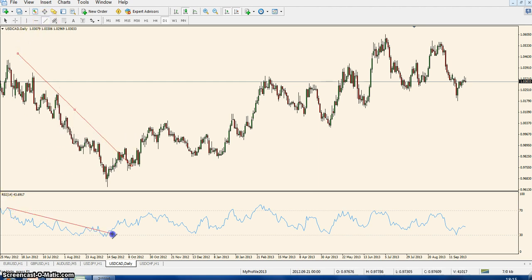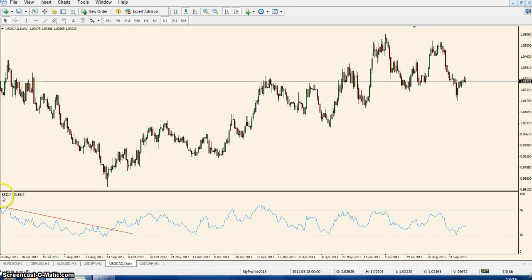There's a declining trend on the price as well as on the RSI. Typically I would like to take at least 2 to 3 touches for it to be called a trend.